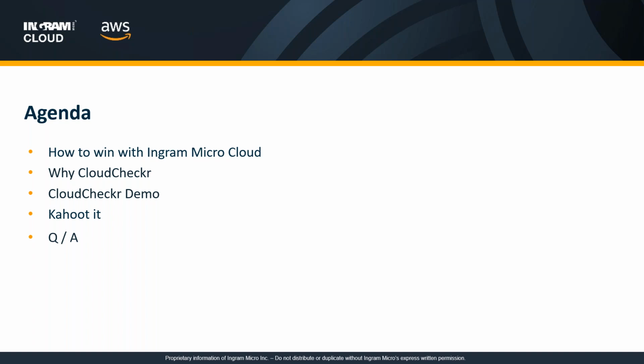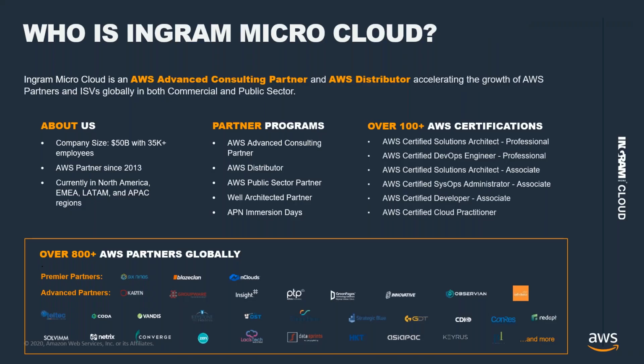Next slide, please, Neo. Just quickly, a little bit about Ingram Micro. Ingram in Australia took on AWS as a vendor in March of this year. But as you can see, we've got a long-standing partnership with them on a global level. There's two real key takeaways from this slide I'd like you to remember.